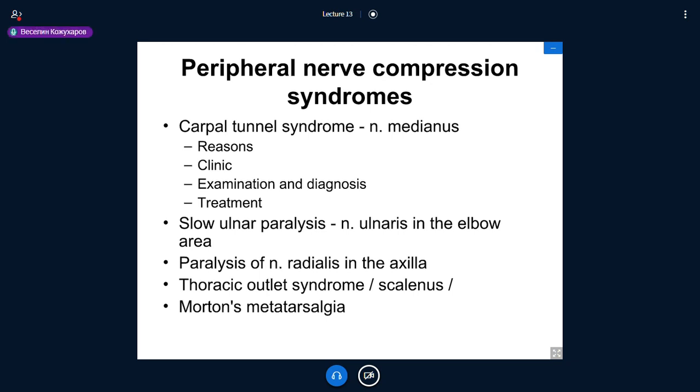For example, volume processes like tumors, benign or malignant, in this area, some vascular diseases, or some tenosynovitis at the carpal region could be the reason. Also, a ganglion close to the carpal tunnel could present with carpal tunnel syndrome or nerve compression syndrome.